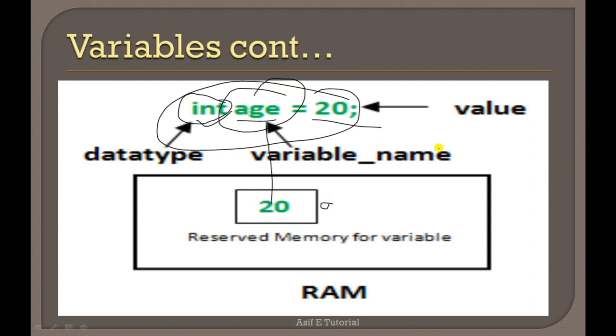So this is how we can initialize data in the variable. First we have to write the data type. We will study these data types in the next slide. Then we have to give the variable name, and this variable name must be an identifier, and then finally we have to give a value.